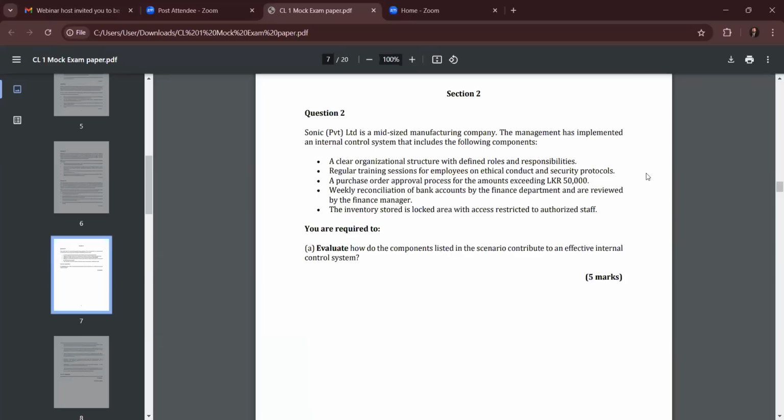That will ensure frauds are prevented in the business.